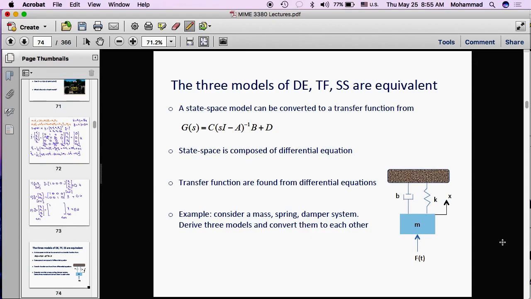We have already modeled this, first as differential equations, which we later transferred to the state space model. Do you have the four matrices? A for this system was what?